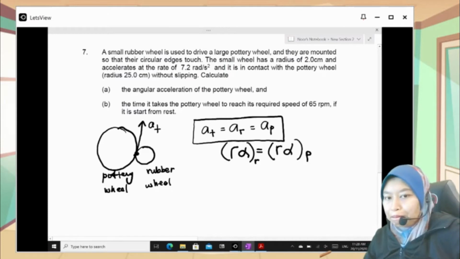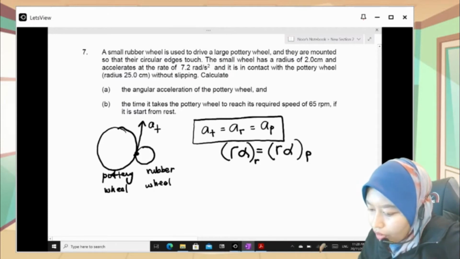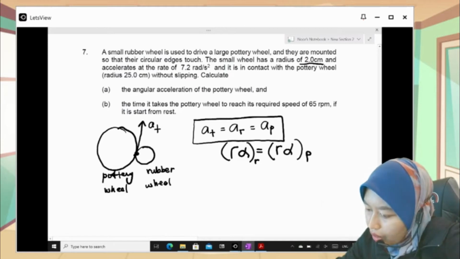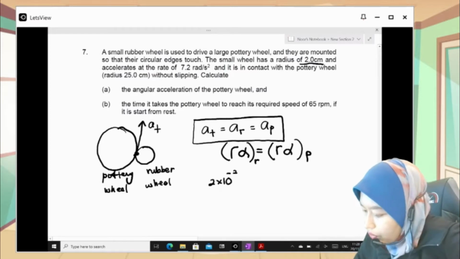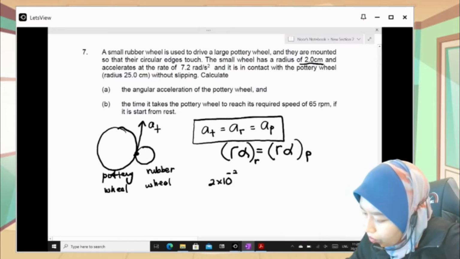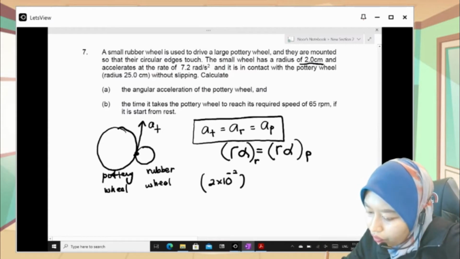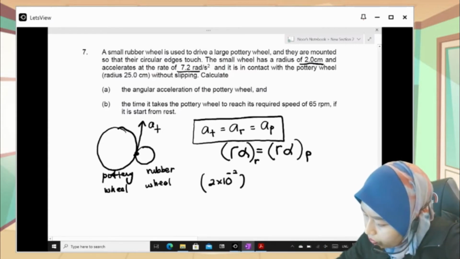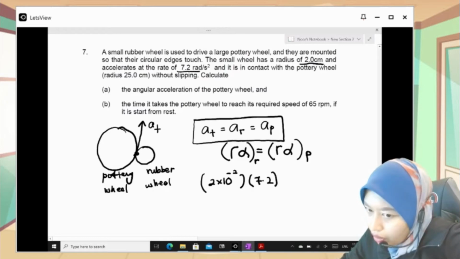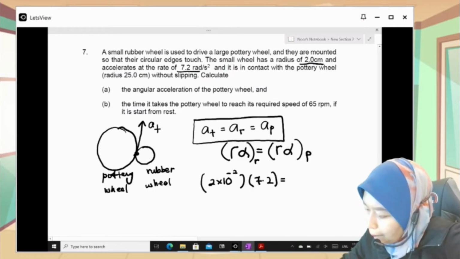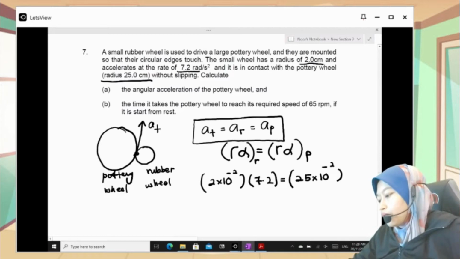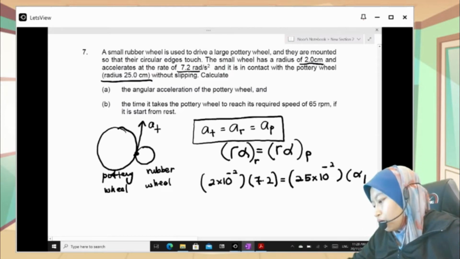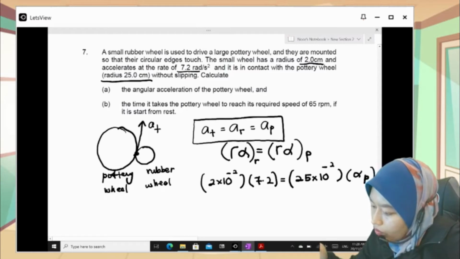Okay, so knowing that the radius given for rubber is 2 cm, so 2 times 10 to the power of negative 2, change it to meter, and we know that the angular acceleration for rubber is 7.2 radian per second squared, and the radius for the pottery wheel is 25 times 10 to the power of minus 2, but the acceleration is the one that we need to find.